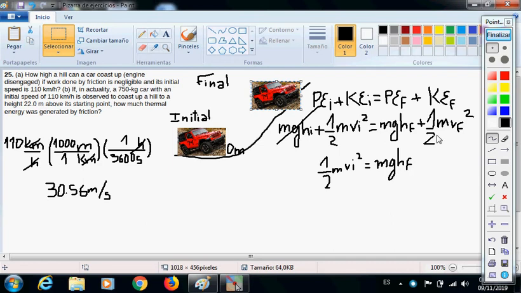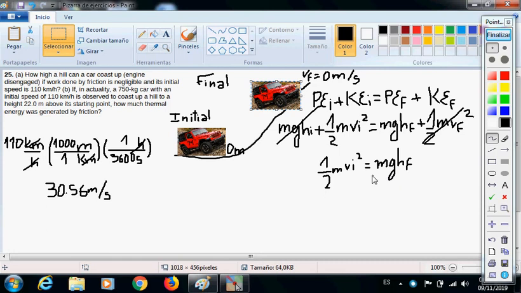And let's analyze the fourth term. The final velocity will be 0, because gravity made the car stop at the highest point it could reach. So the fourth term disappears. So we will keep just these two terms, half of the mass times the initial velocity squared, and the mass times the gravity times the final height.